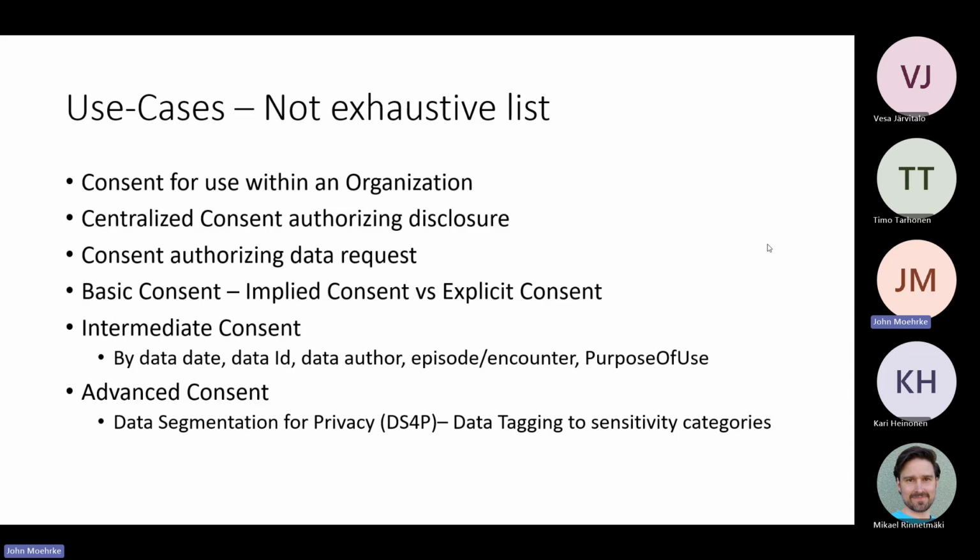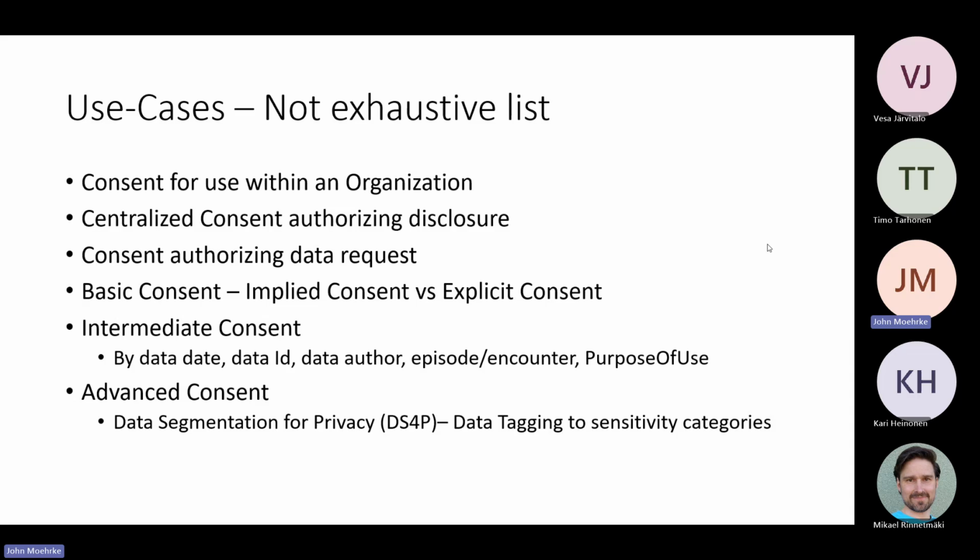So there's a consent that's for a very specific data request. We have things like implied consent and explicit consent. We differentiate within there because even with implied consent, someone can come along and explicitly dissent. So you have to be able to cover those kinds of things.